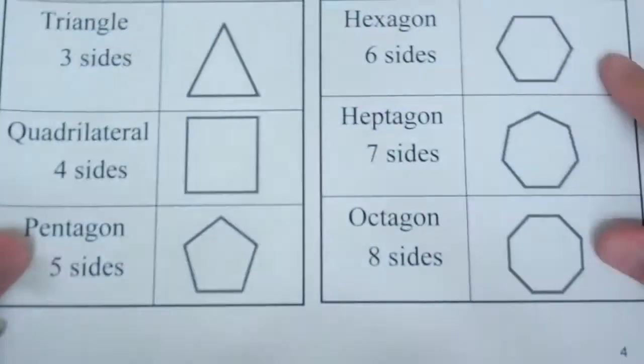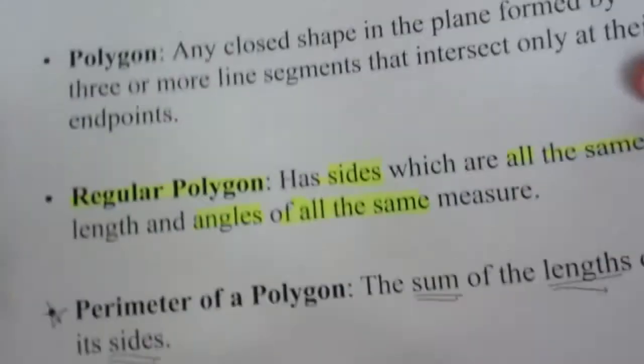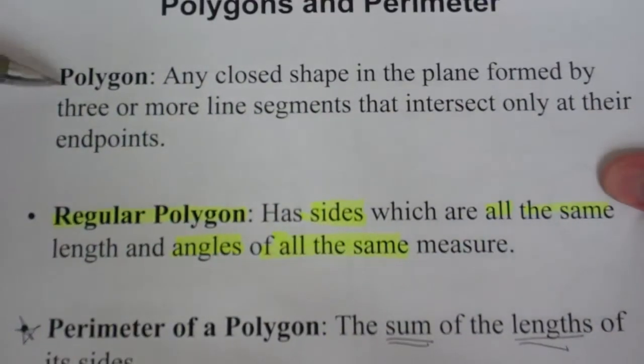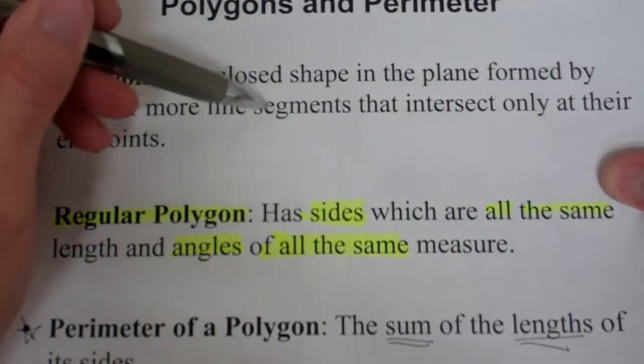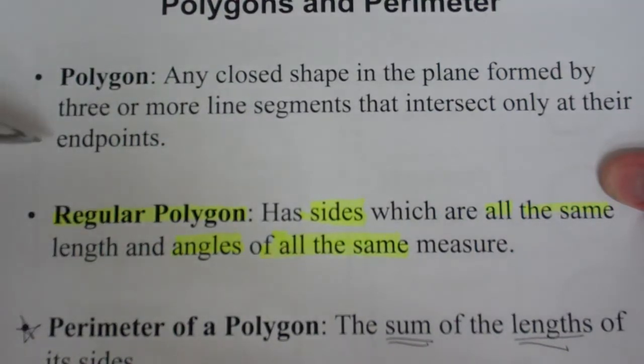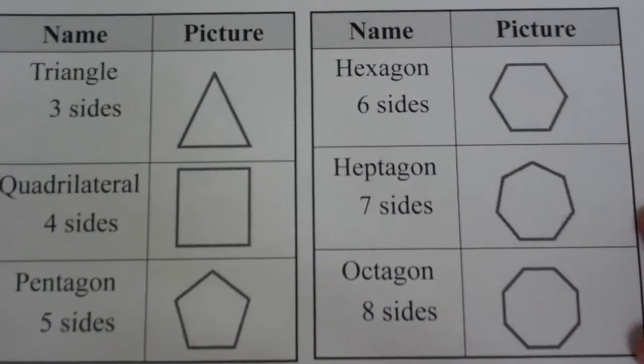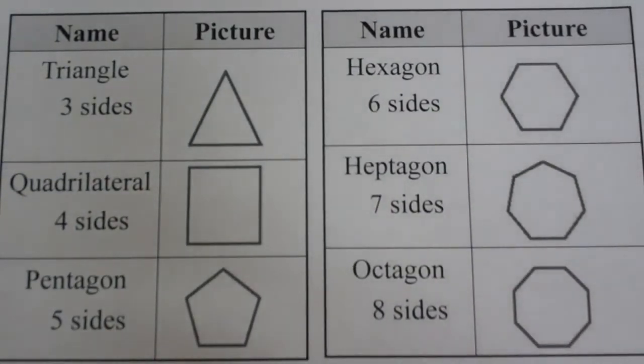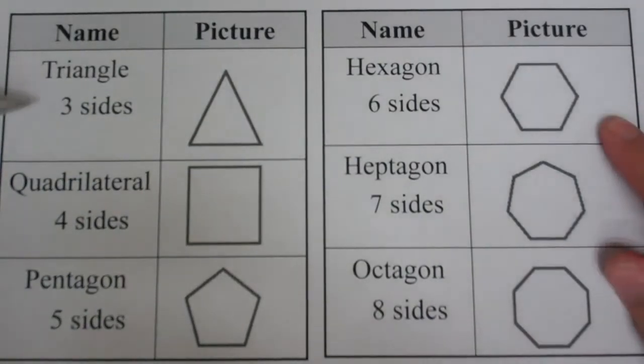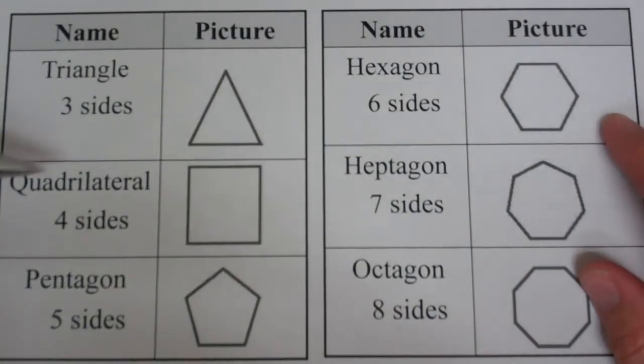Now, the definition of the polygon started with, and I want to throw it back up real quick, 3 or more line segments that are connected at their endpoints. So obviously, the smallest object we can have is the triangle with 3 sides. After that, we go to quadrilateral, lateral meaning side, quad meaning 4.